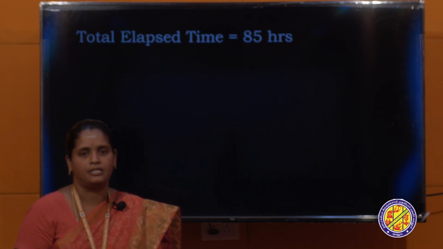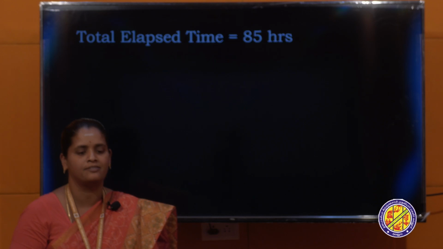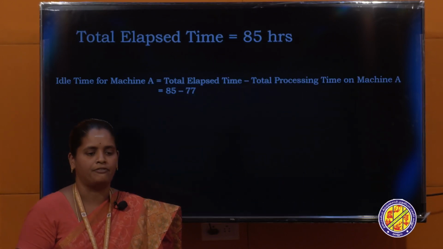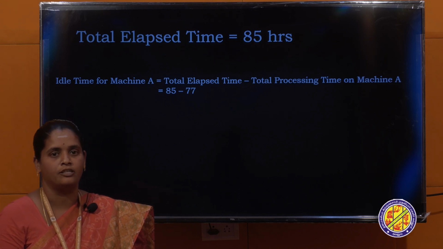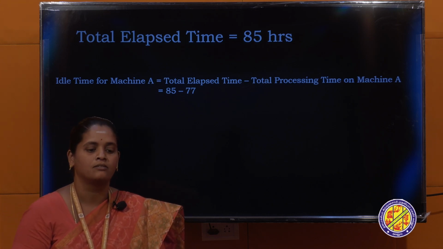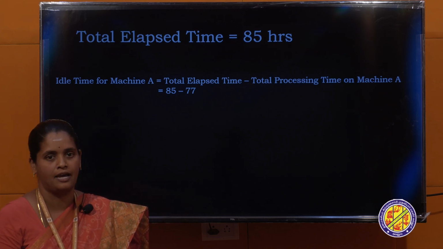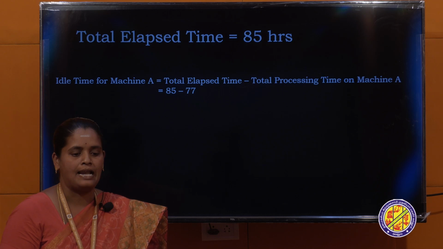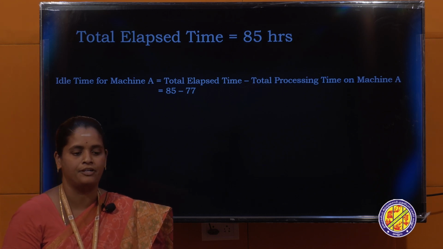The total elapsed time for the 6 jobs on both machines A and B is 85 hours. Then we need to find the idle time. Idle time is the time the machine is idle during the total elapsed time. The idle time for machine A is the difference between the total elapsed time and the total processing time on machine A. The total elapsed time is 85 hours and the total processing time on machine A is 77 hours.